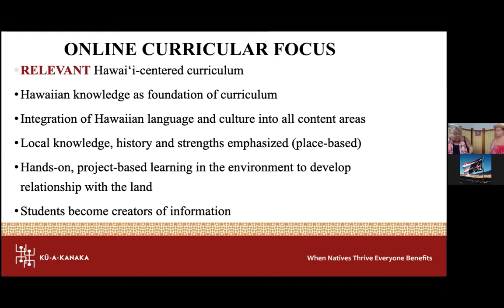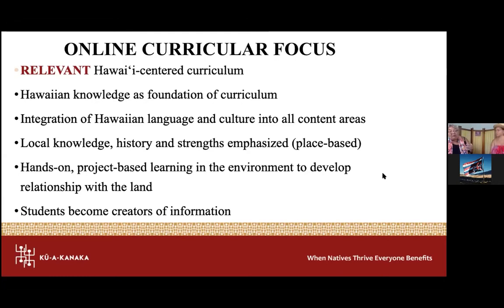And it's not only for Hawaiian language teachers to integrate Hawaii, but it's for everybody to integrate and start with Hawaii as the foundation. And so it's local history, local knowledge, local strengths, the idea of the ʻike that comes from our place that is emphasized first, and then we can go outwards.